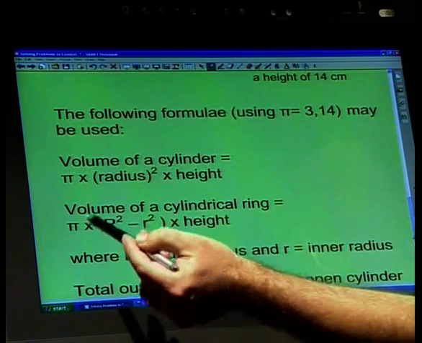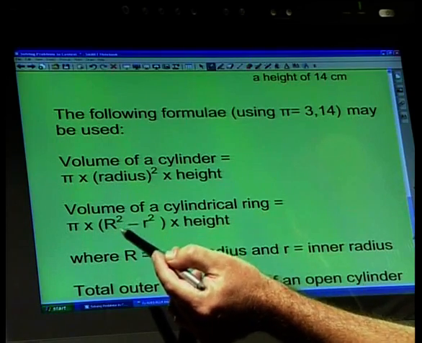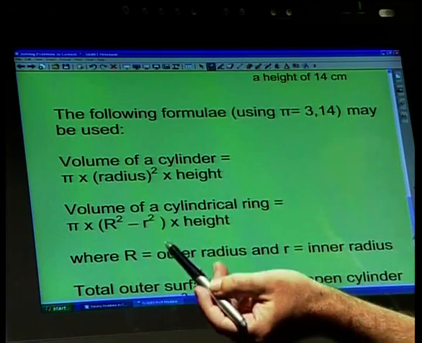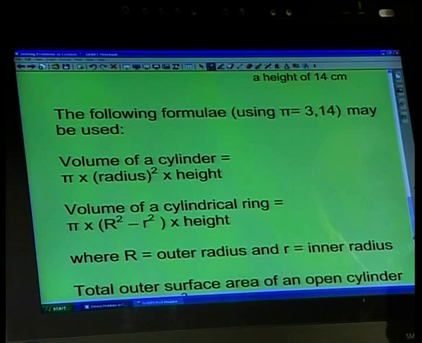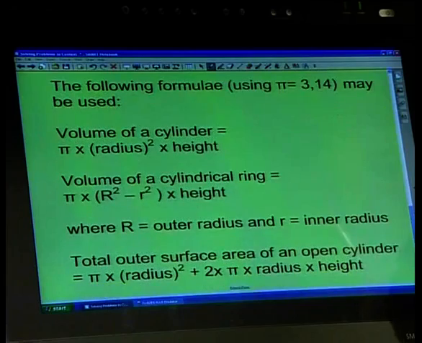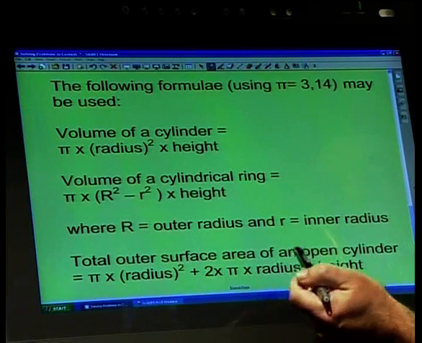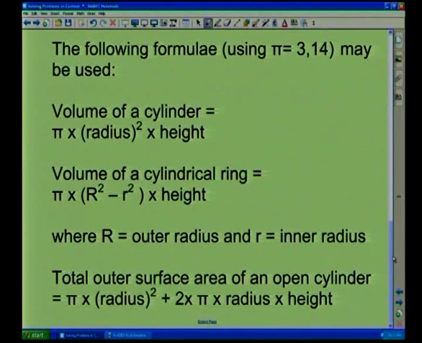And here we're given that it's pi multiplied by R squared, where R is the outer radius, minus little r squared, where that r is the inner radius, multiplied by the height. The total outer surface area of an open cylinder is equal to pi times radius squared plus 2 times pi times radius times height. Again, another formula that we've been given, this time for surface area.